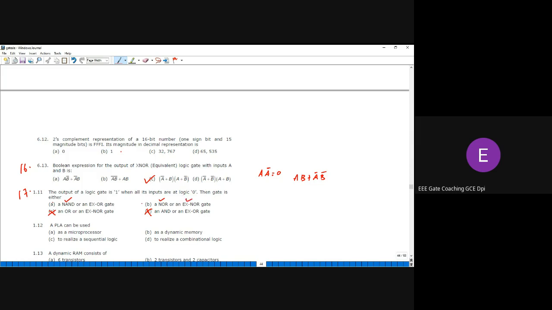XOR, right? Because you must have an odd number of ones. For example, if my input is ABC, my logic is 101. Here the number of ones is even.